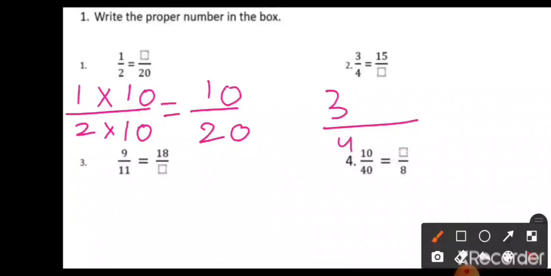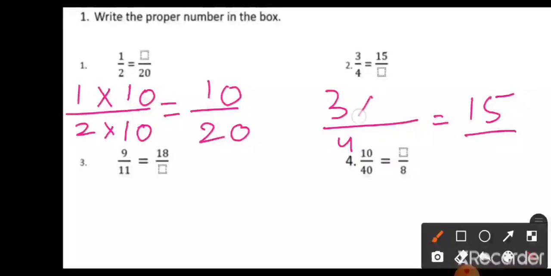3 upon 4 is equal to 15 upon dash. Now we need to multiply 3, so we will get the answer 15. Read the table of 3. 3 ones are 3, 3 twos are 6, 3 threes are 9, 3 fours are 12, 3 fives are 15.